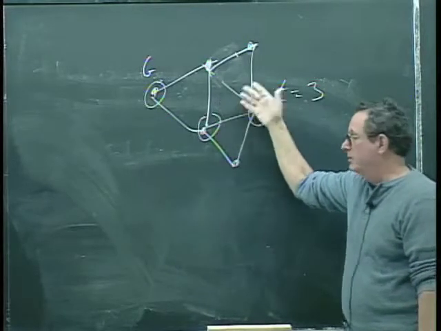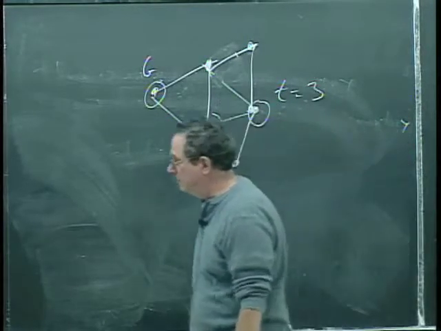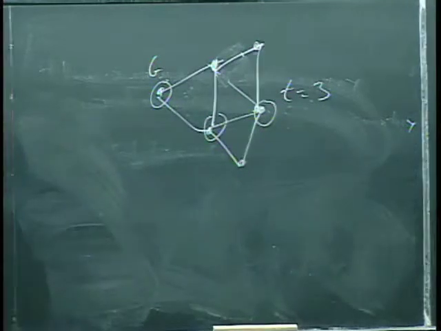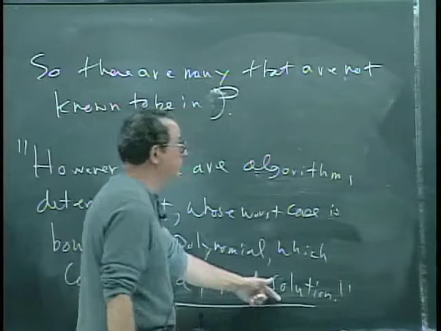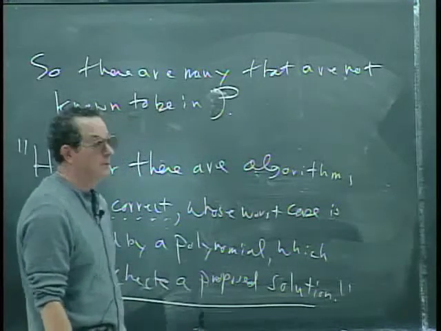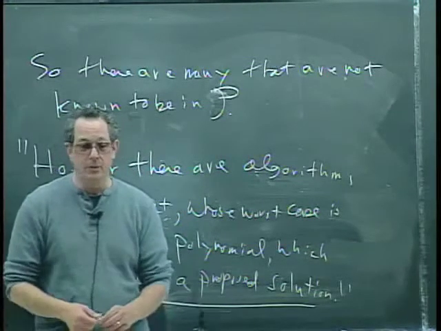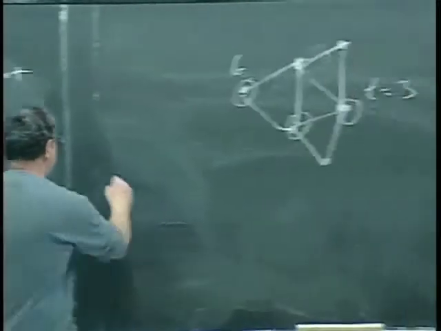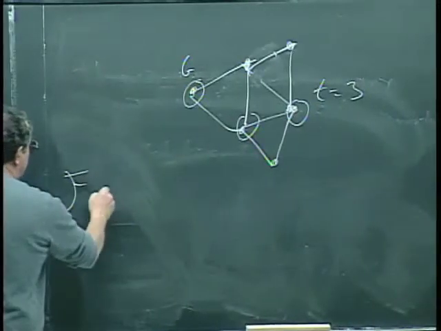So your algorithm could easily check whether the proposed solution is in fact a solution to the problem. Okay, so what would we do in the case of a formula in 3-sat?